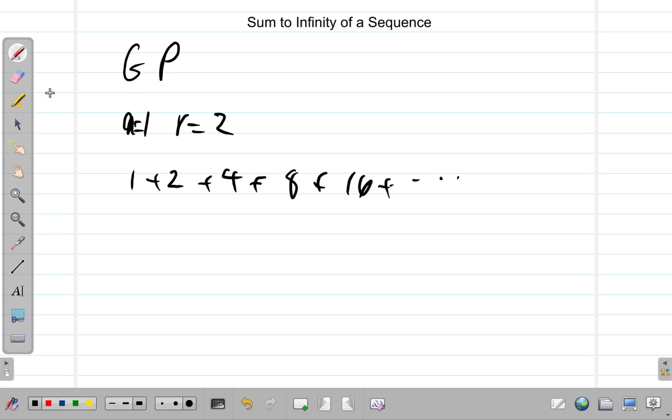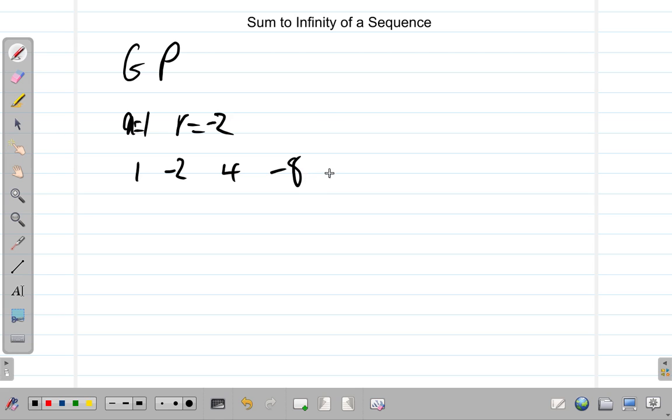Now, if you try another way, make the 2 a negative, what you would have is 1, then 1 times negative 2, which is negative 2, negative 2 multiplied by negative 2, which is positive 4. To get the next term, you multiply positive 4 by the common ratio negative 2, you get negative 8.